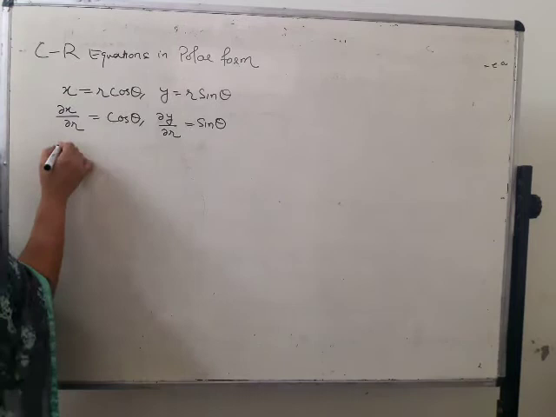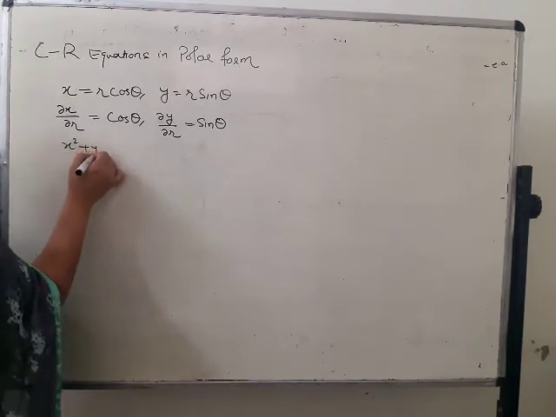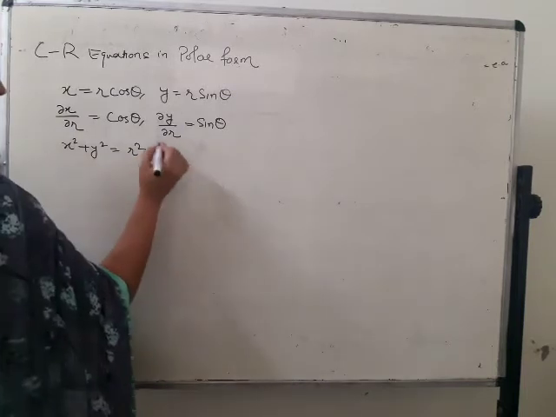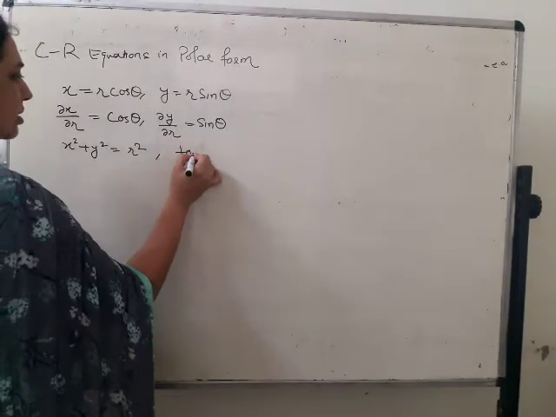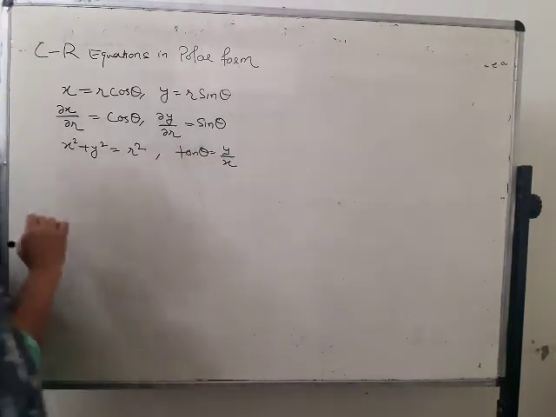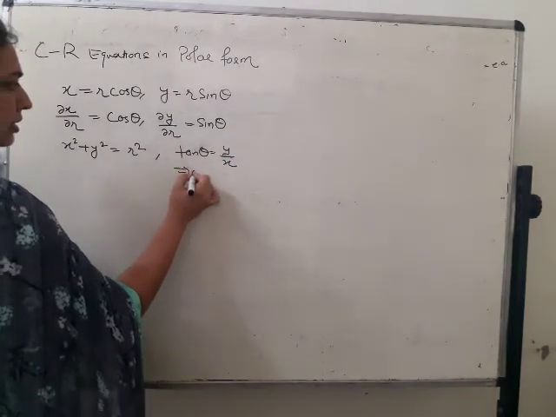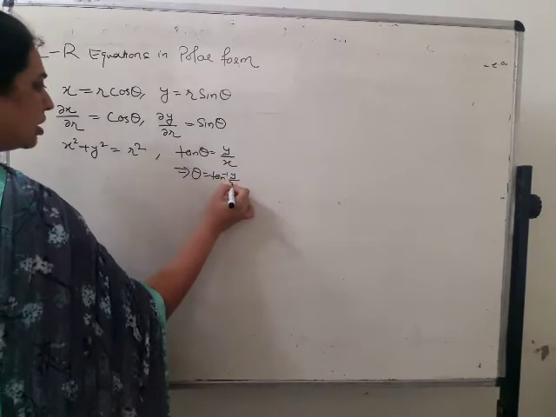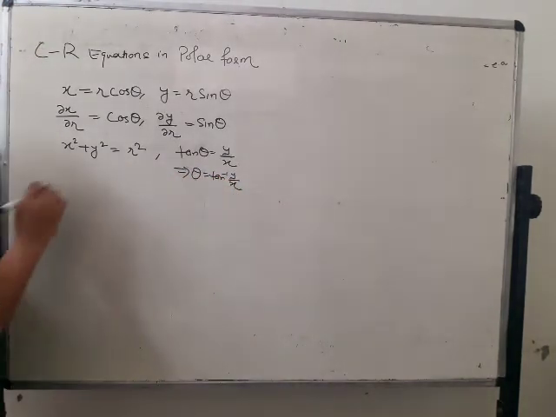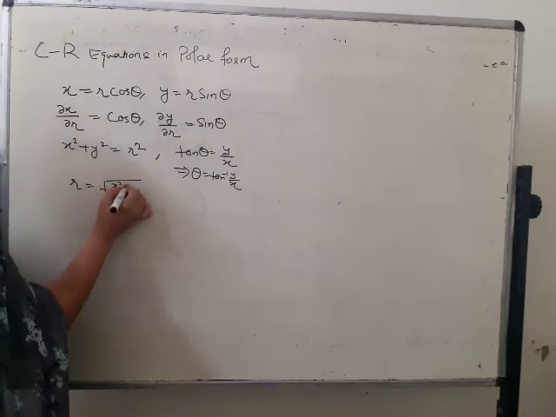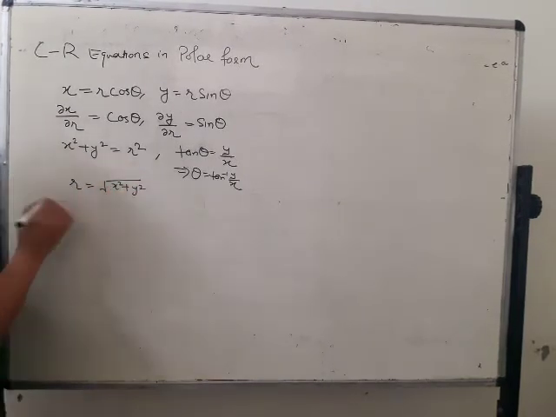From these two equations, x square plus y square is r square and tan theta is equal to y upon x. That implies theta is equal to tan inverse y upon x. r means root x square plus y square.